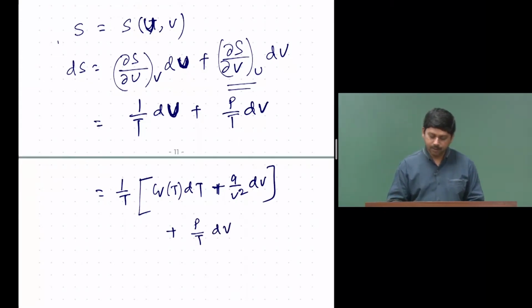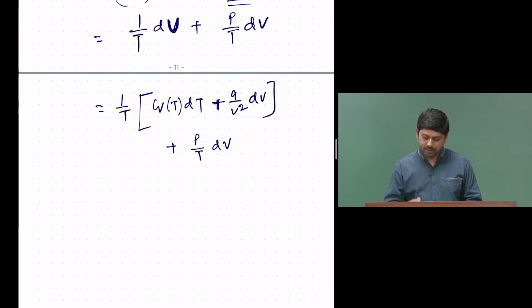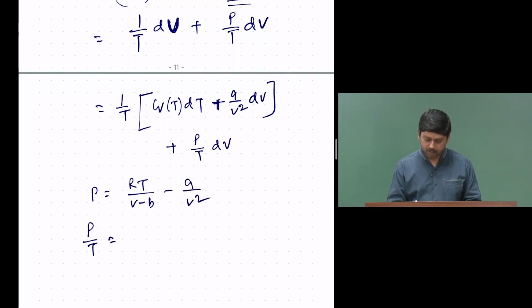And what is p by t? If we see p by t, p is RT by v minus b minus a by v square. So, p by t is R by v minus b minus a by t v square.